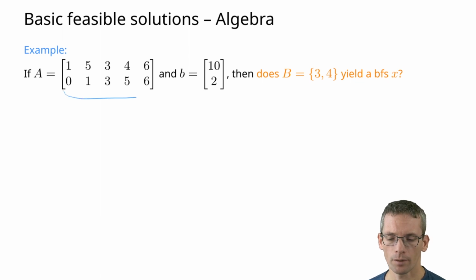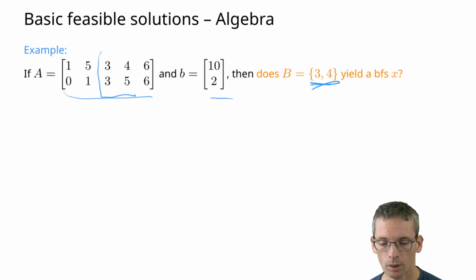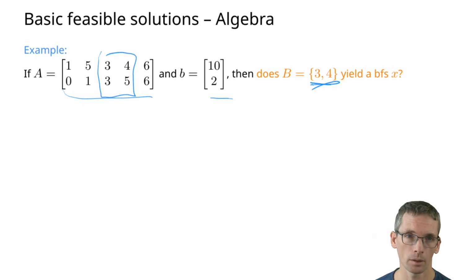If you look at this A and this B, try to figure out whether {3, 4} gives us a basic feasible solution. At first you might think yes, because if you look at those two columns, they are linearly independent.